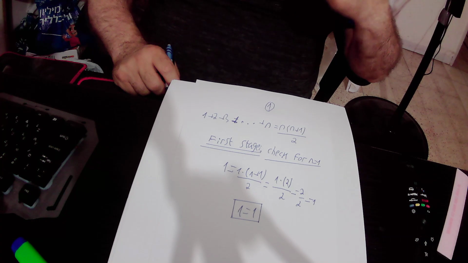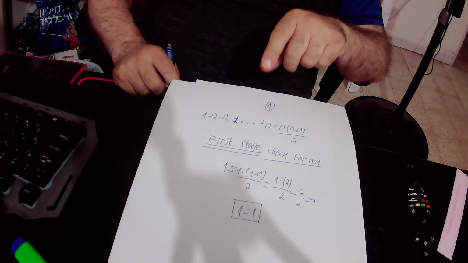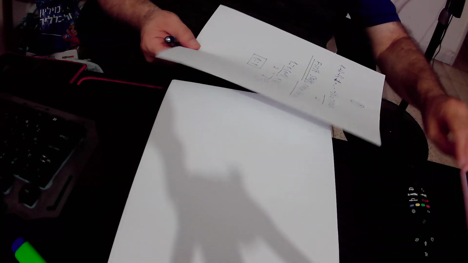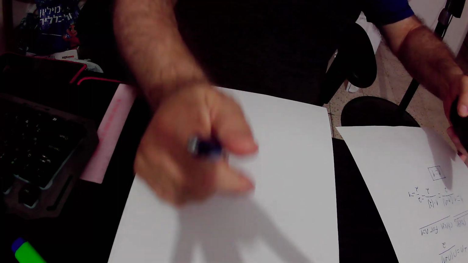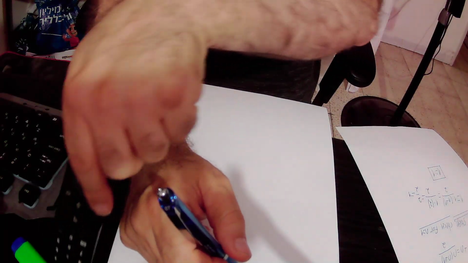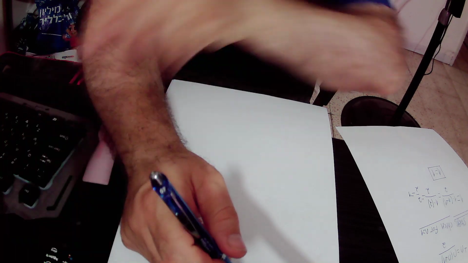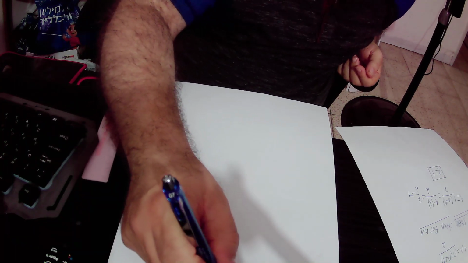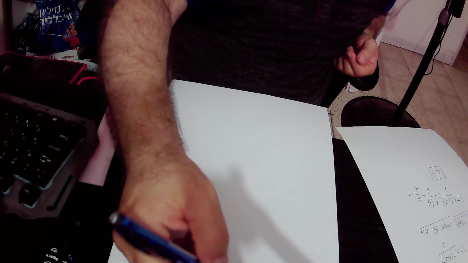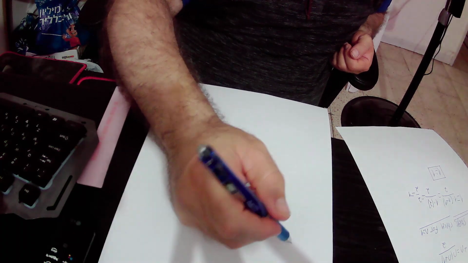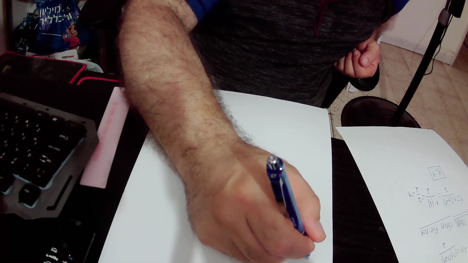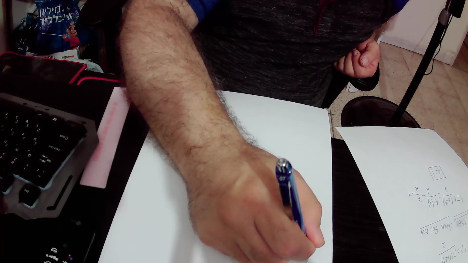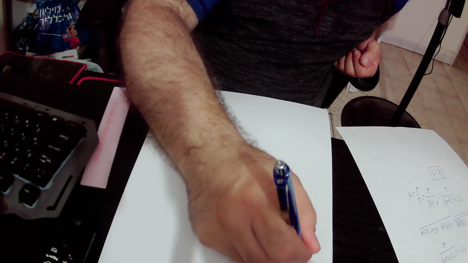So therefore we can proceed to the second stage, and in the second stage we actually will assume that the statement is true for n, and we will prove it for n plus 1. So we will create the first equation, the expression for n.